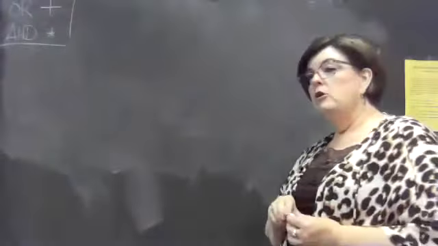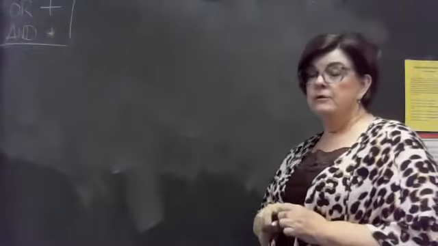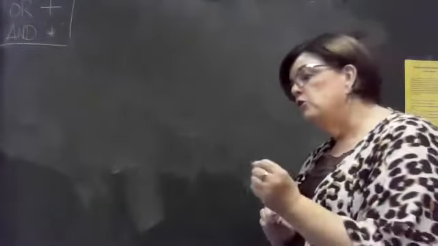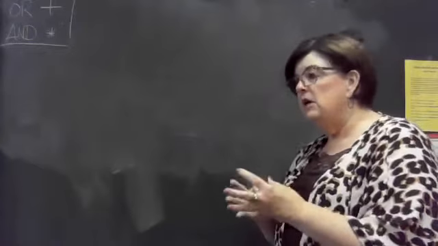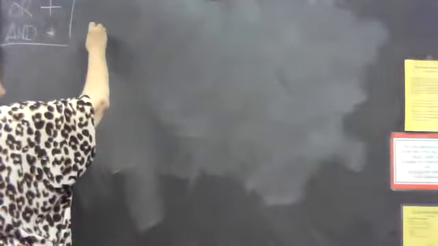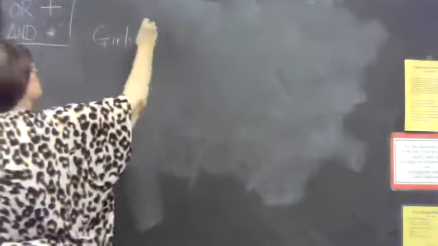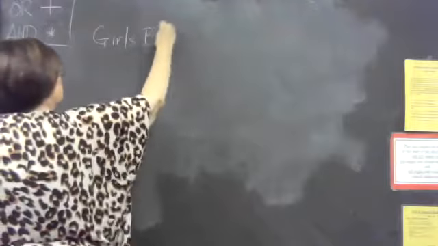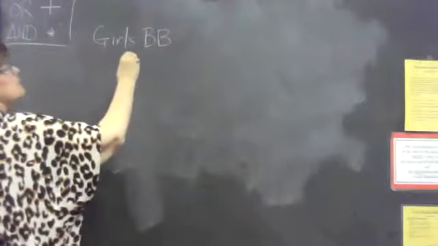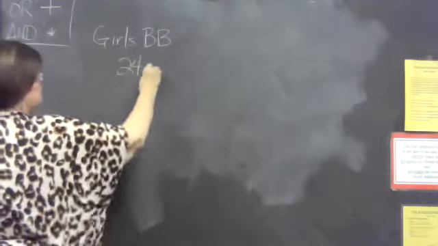There is a little bit on there, not a whole lot, but it asks you what are the odds. Now the odds work a tiny bit different. You still have to count. You still have to know total. Okay. So let's say the girls basketball team, in their season, they played 24 games, okay?